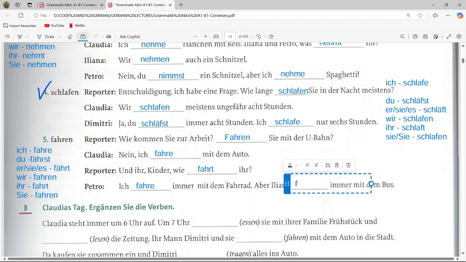So Ileana fährt immer mit dem Bus. So Ileana always travels with the bus. Okay, so this task is also finished.